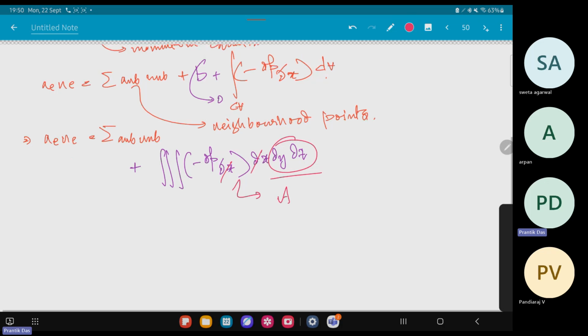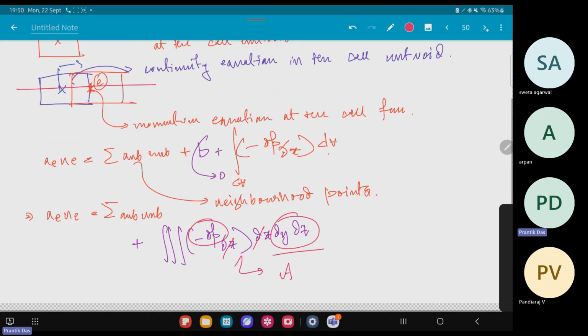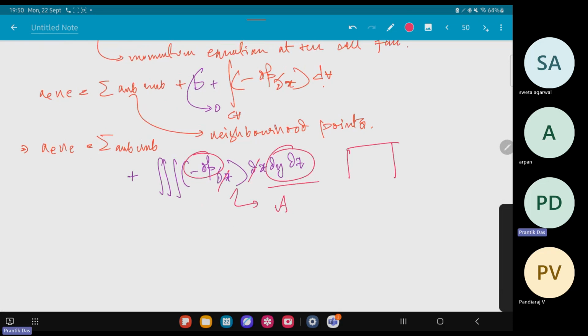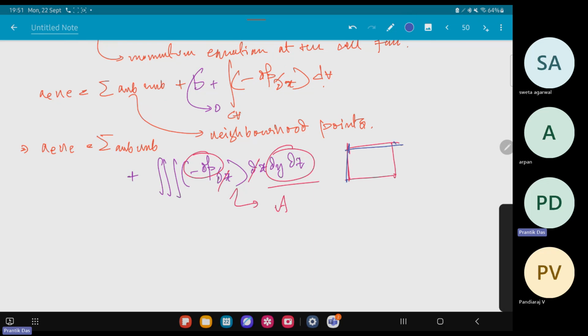And this minus p, if I integrate over that 1D point itself. If it's a case of a collocated grid, for example, I'm solving the momentum equation and the continuity equation at the same cell centroid, then it becomes P_e minus P_w multiplied by area. Area is basically dy into dz, which you are integrating.